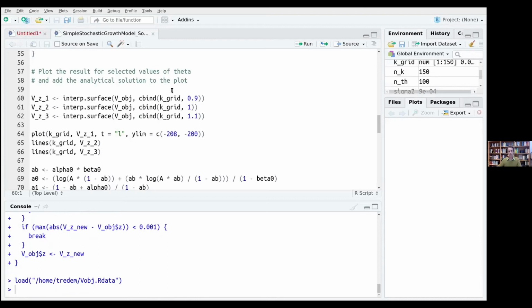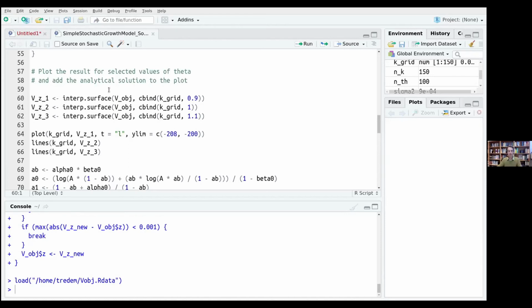And then we can plot the value function, which is a three-dimensional object, but we can just look at different slices of the value function for certain technology levels. So remember, the value function is based on two grids. One is the technology level and the other one the capital stock. If we fix the technology level, then it becomes a one-dimensional value function with one argument.